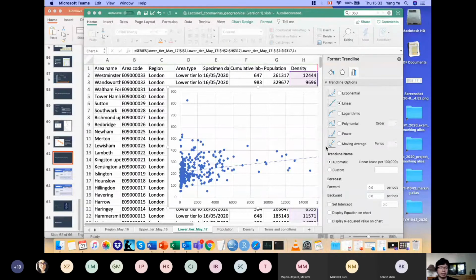What this trend line does is a regression line that depicts the linear relationship between the two variables, the extent. By extent, I mean that it's going to stay linear, but how steep or shallow this line is depicts how much a change in population density changes the rate of infection.